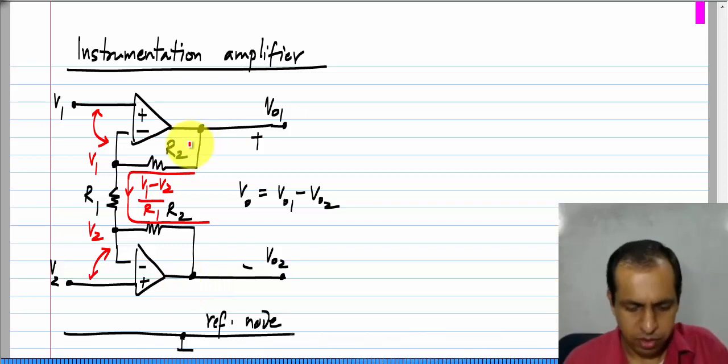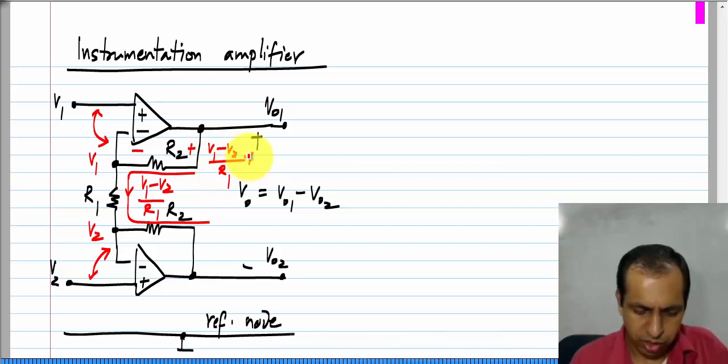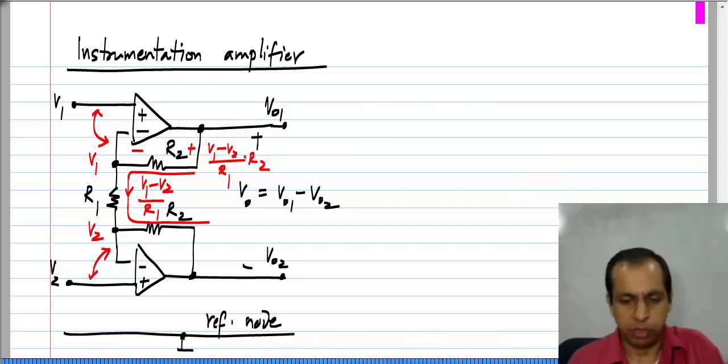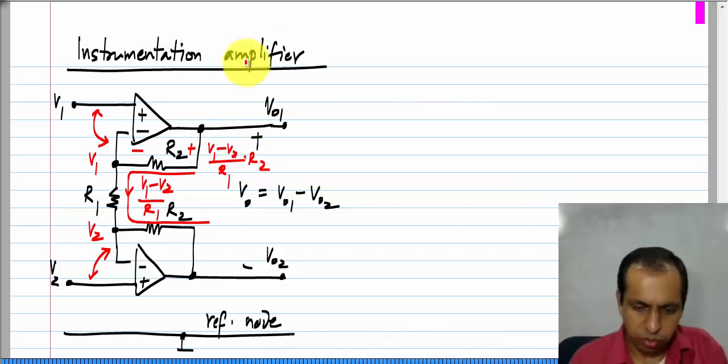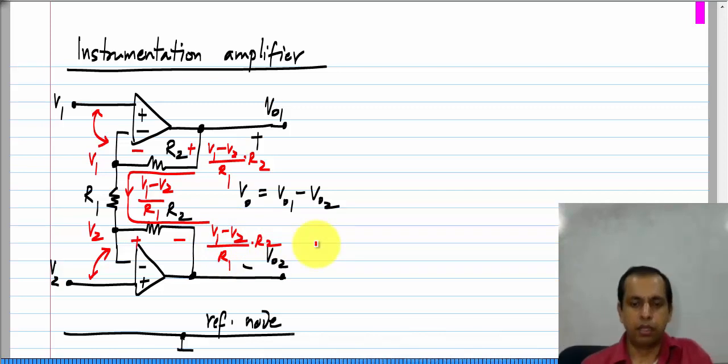So, the voltage drop across R2 is in this polarity this current times R2. It is V1 minus V2 by R1 times R2, and similarly across this R2 with this polarity we have V1 minus V2 by R1 times R2.